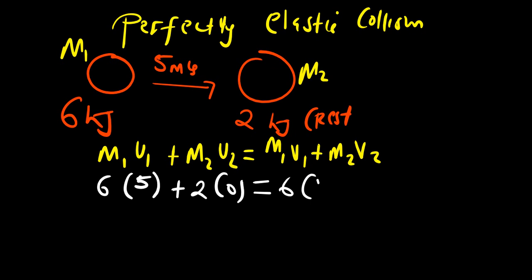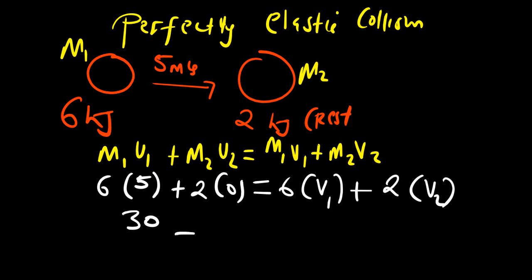Let's say we don't know, plus the mass for the second ball, we've said is 2 kg multiplied by the velocity that we don't know. What will be the final velocity of these balls after they hit each other? So 6 multiplied by 5, that is 30, is equals to 2 multiplied by 0, that is just 0. I'm going to come to the other side: 6 multiplied by v, I'm just going to have 6v1 plus 2v2.